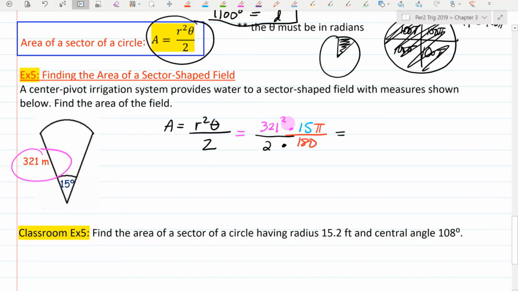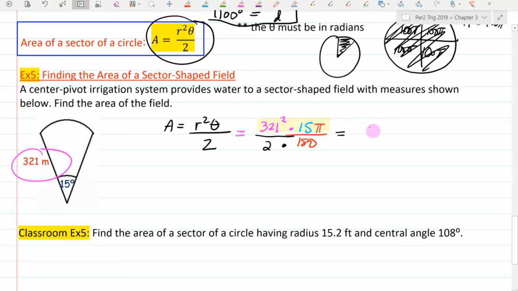So 321 squared times 15 times pi. And then you can either divide by 360 or you can divide by 2 and then divide by 180. What you can't do is you can't divide by 2 and then multiply by 180. Okay? So you can do all of this first and then just divide by 360. It's the easiest way to do that.